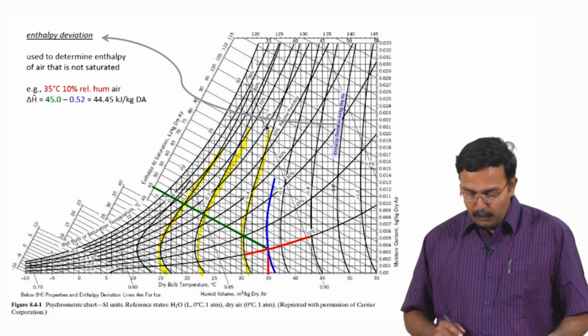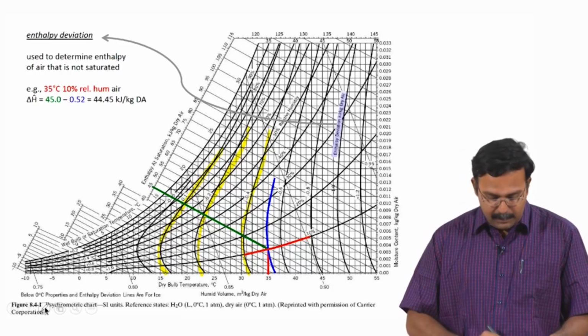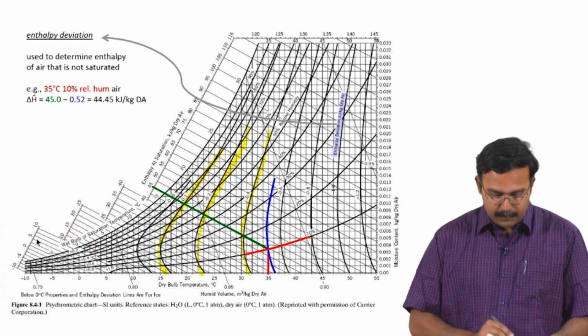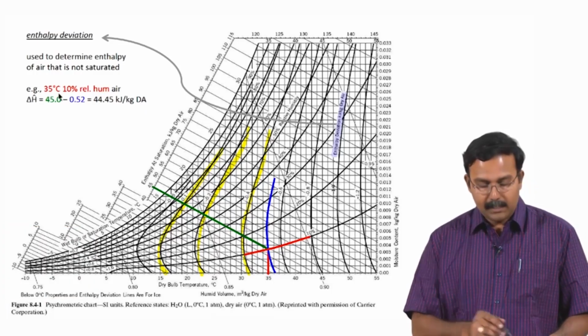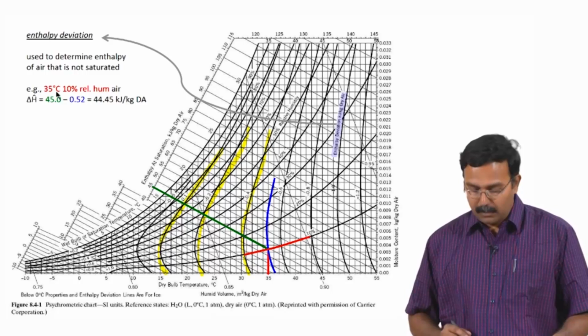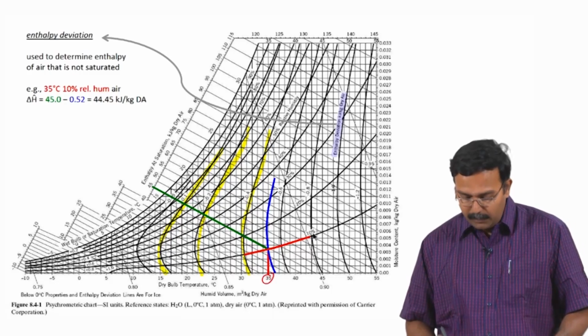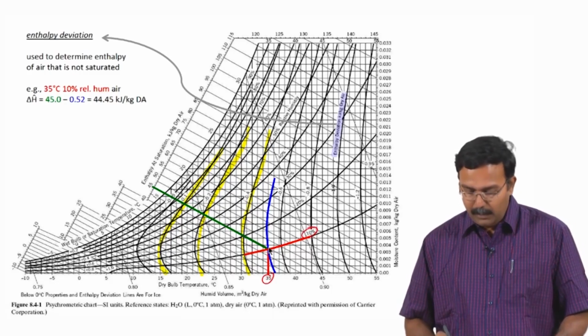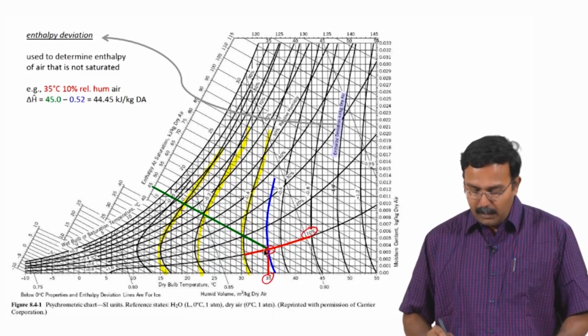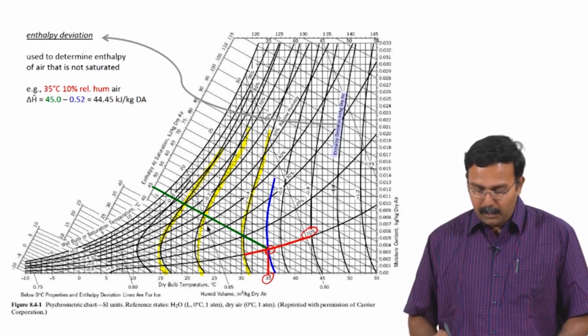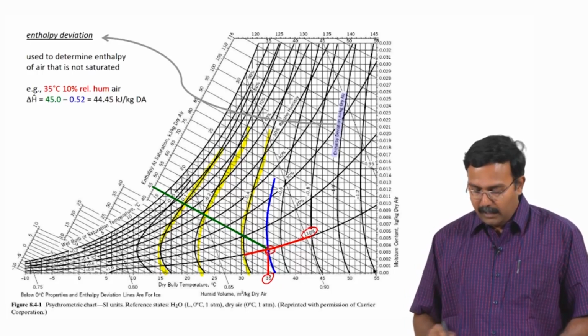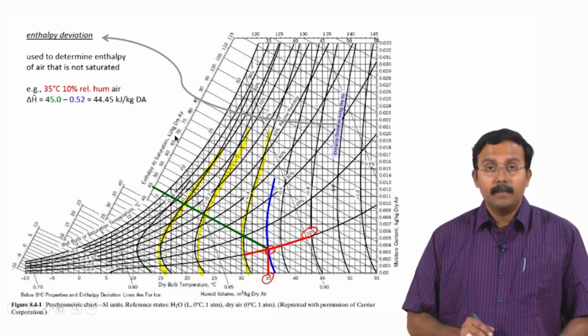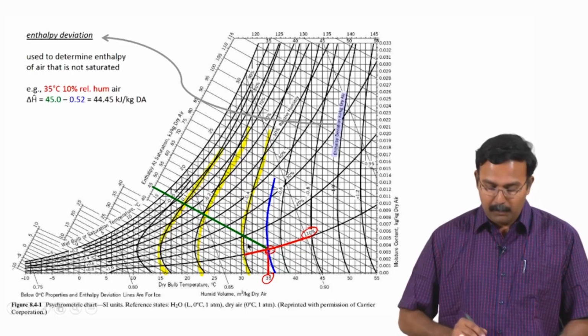So, how you go about doing that is, you basically first identify the conditions. So, here it has been identified as 35 degrees Celsius and 10% relative humidity. So, you have 35 degrees Celsius and 10% relative humidity, you identify the point, and in this point you draw a line through the slanting line which is used for measuring the enthalpy for the wet bulb temperature.